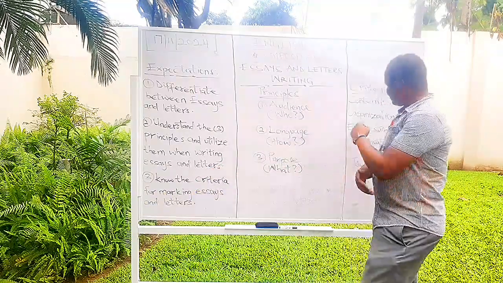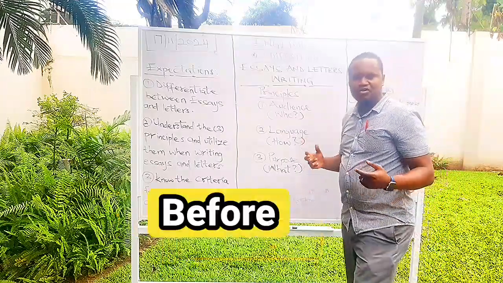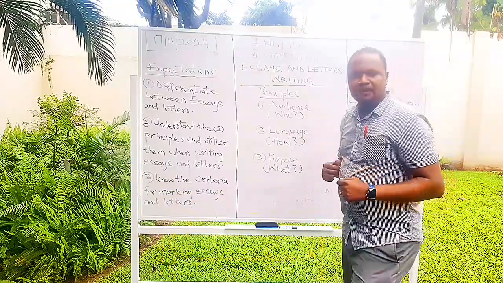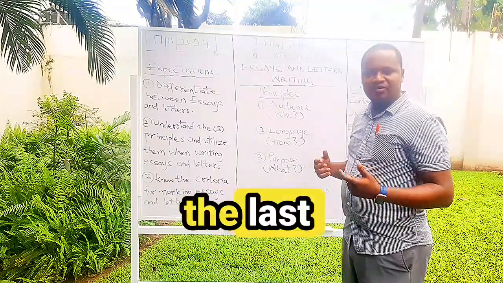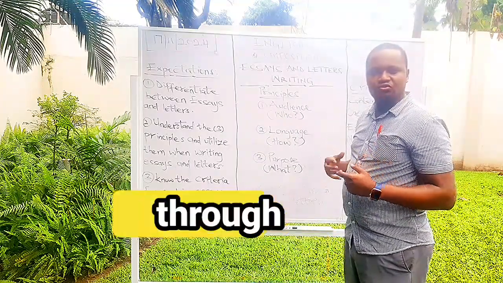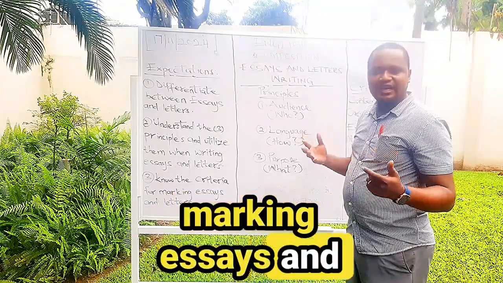Now, let's quickly dive into today's lesson. But before we do that, as you already know, the last time we met, I took learners through the criteria for marking essays and letters.